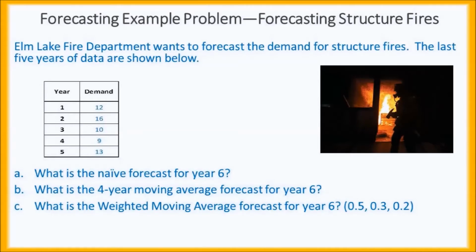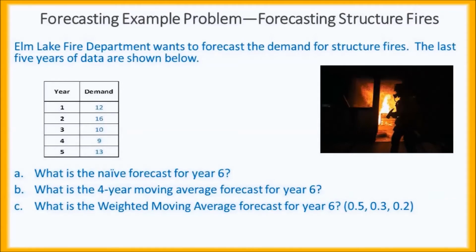So first we'll do some basic forecasting using some moving averages. So here's the example. The Elm Lake Fire Department wants to forecast the demand for structure fires. The last 5 years of data are shown below. And so it shows there year 1, 2, 3, 4, 5. So now remember, we're going to assume we are standing in year 5. The most recent demand was 13.